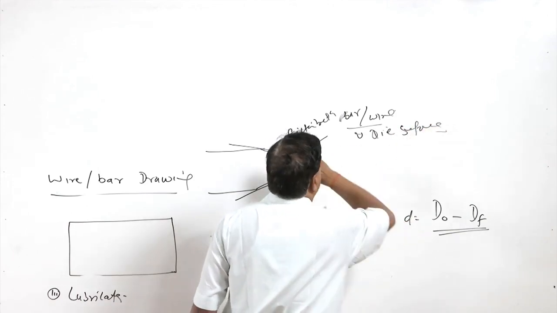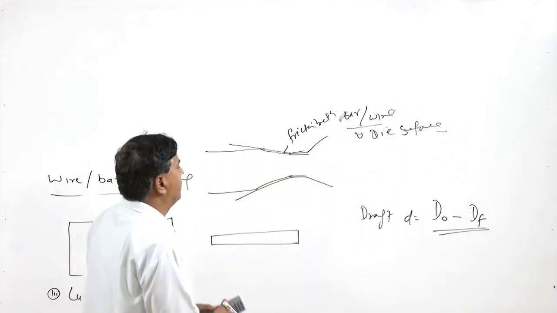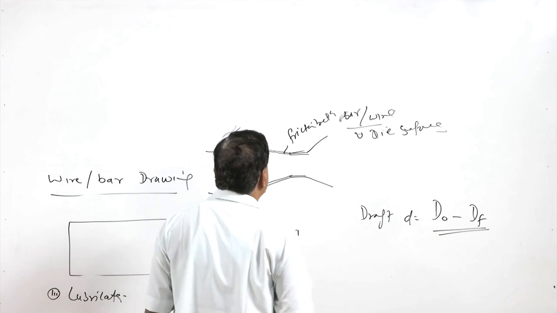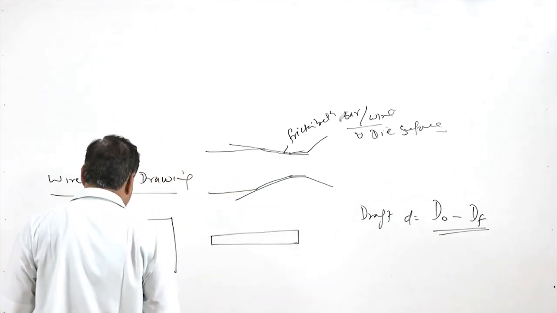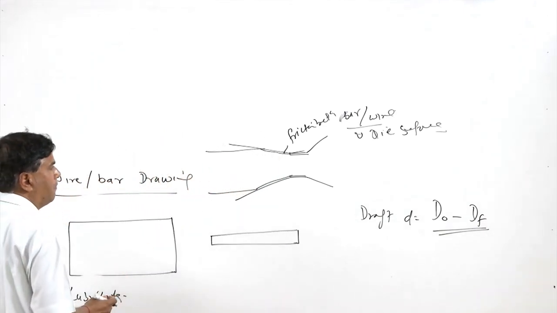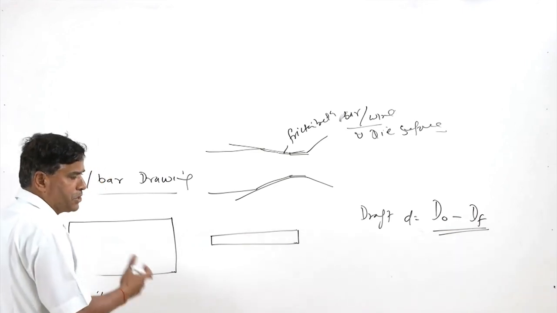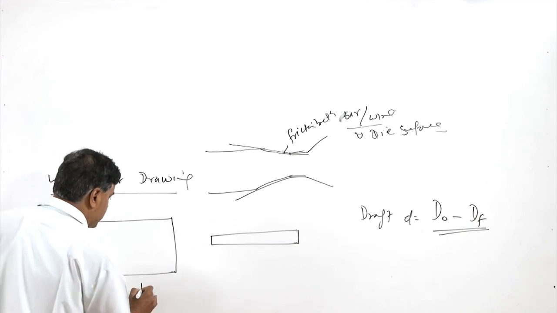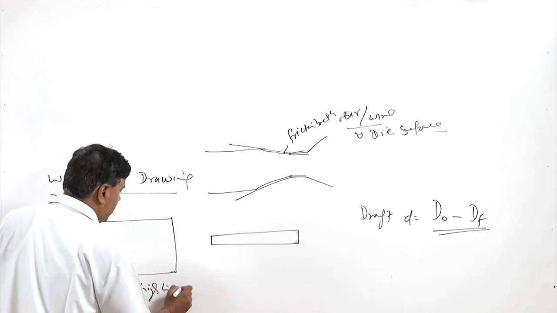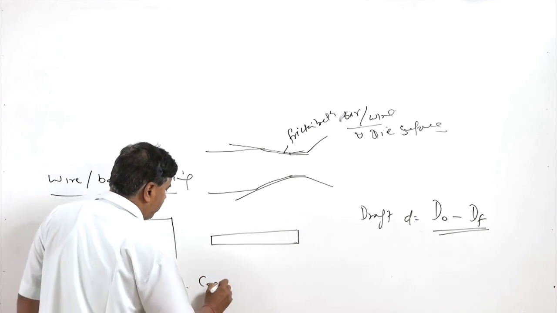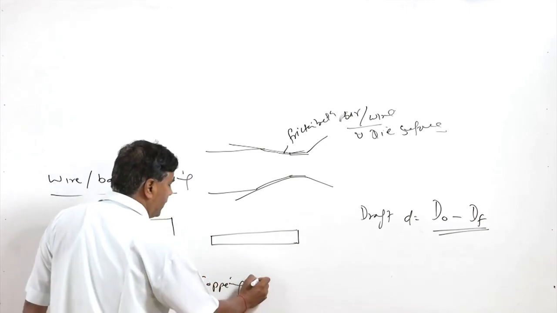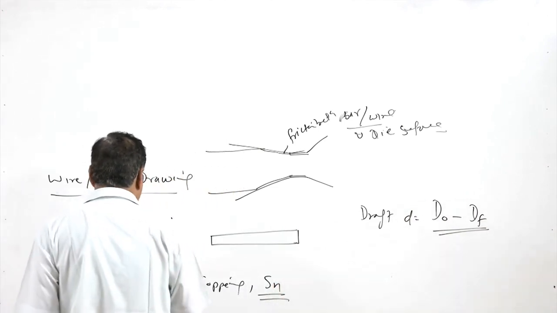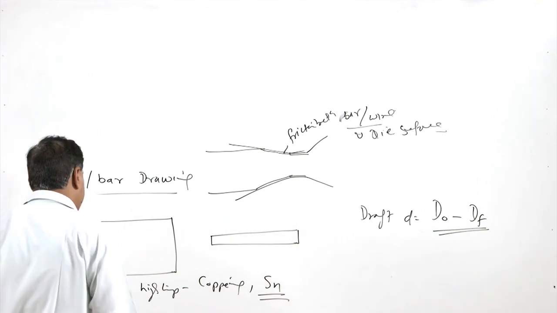So in order to reduce this frictional effect and the unnecessary power required for drawing, lubrication is carried out. There are different methods to apply the lubrication depending upon the temperature conditions under which the wire drawing is carried out. For the high temperature conditions, coppering is used, and sometimes even tin is also used for the lubrication purpose.